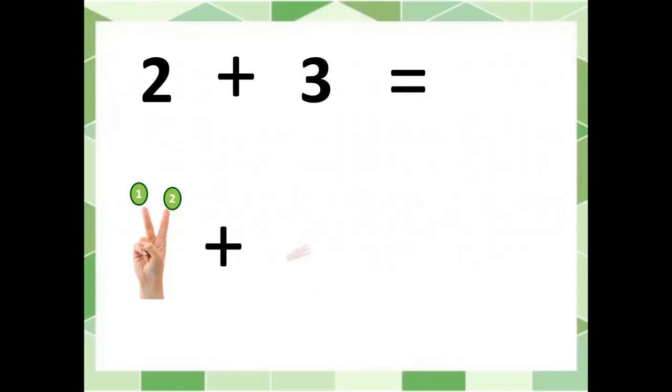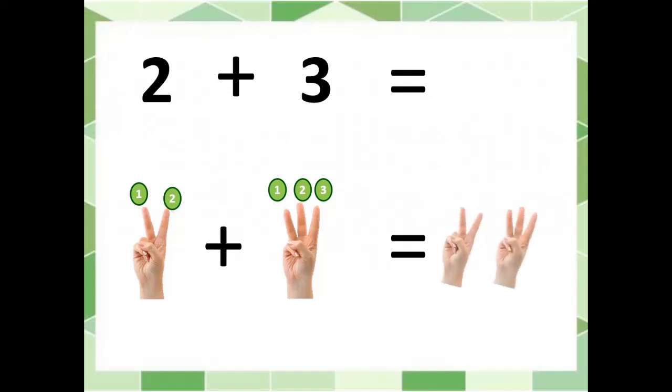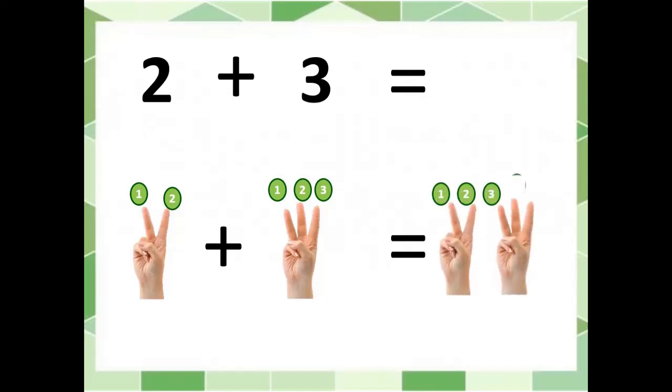So we will take 1, 2 and 3 fingers. So the sum is equal to 1, 2, 3, 4 and 5. So the answer is 5.